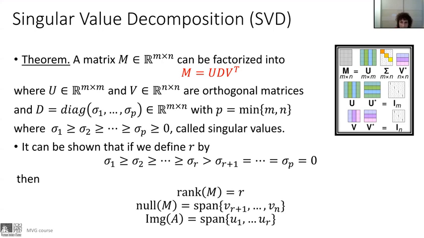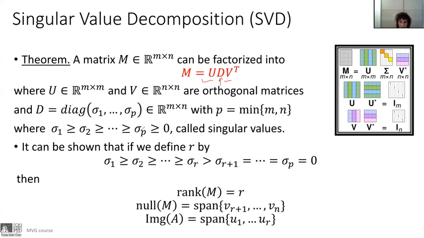You can have any m by n matrix, and you can factorize it into one set of orthogonal vectors and the other set of orthogonal vectors, and in between you have a matrix which is mostly 0, like here, but on the approximately diagonal you have what we call the singular values.